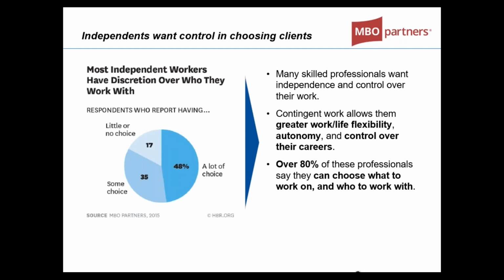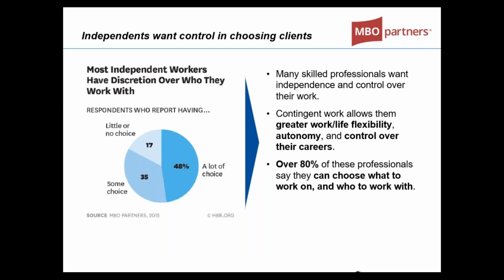Now, what we find with independents in some of this research is that independents want more control in choosing their clients. They want independence and control over their work. It allows for greater work-life flexibility. We saw that with the millennials in the prior slide.